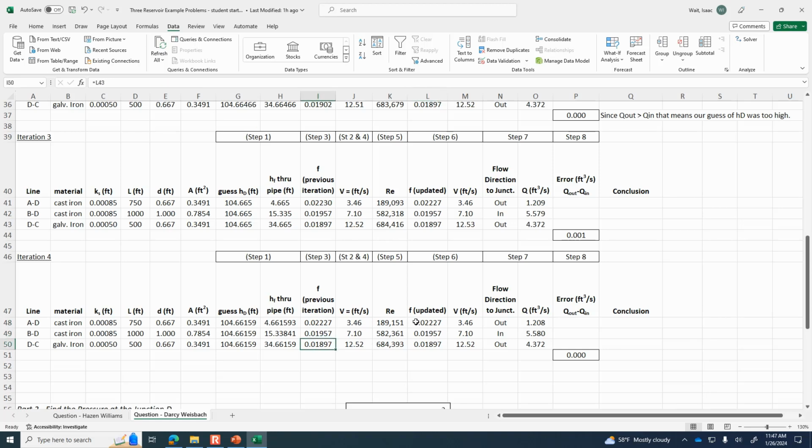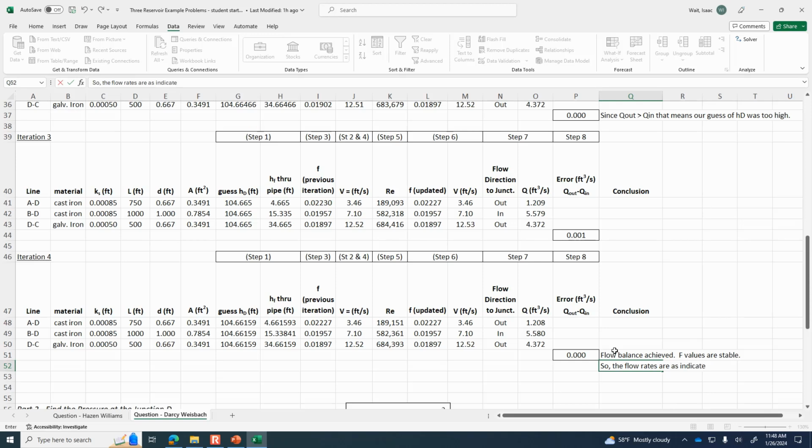The F values are identical. So now the solution is converged. So the conclusion is flow balance achieved. F values are stable. So the flow rates are as indicated.